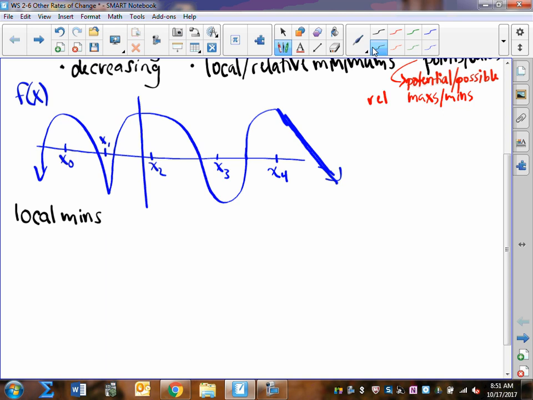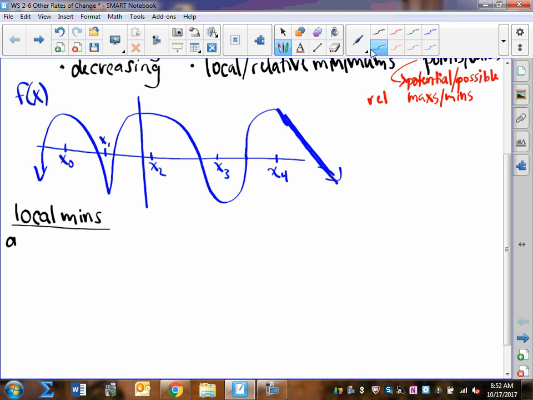When it asks where it occurs, we give the x values. That tells me where on my graph that maximum occurs. If it asks for the actual maximum, you need to give the y value at that point, the actual height of the graph. So be careful as to what they're asking for.